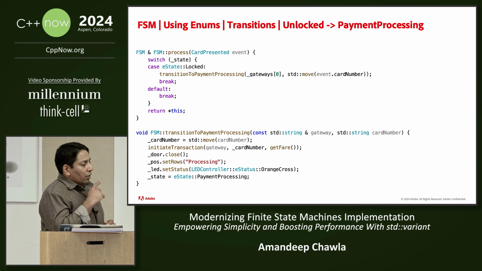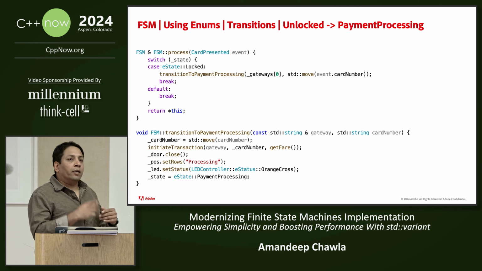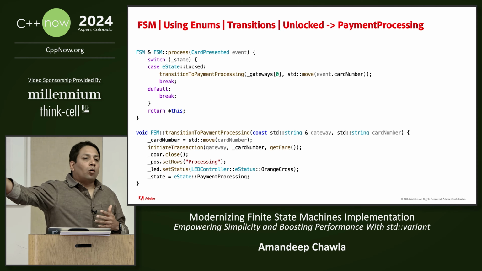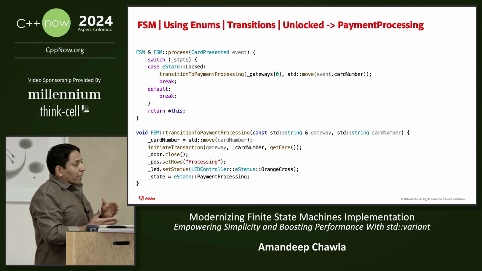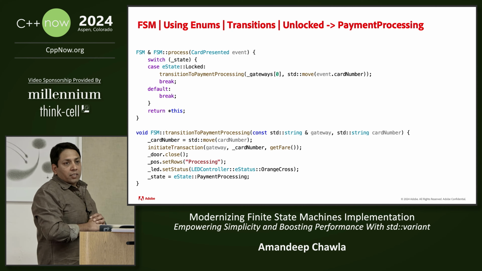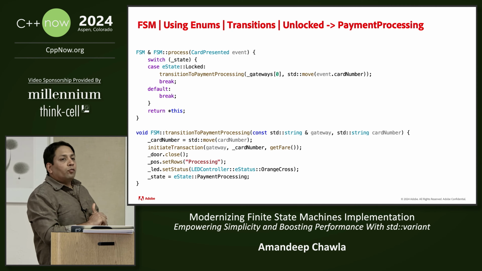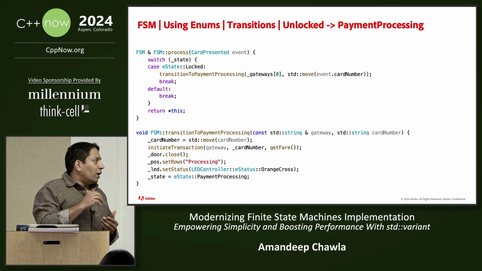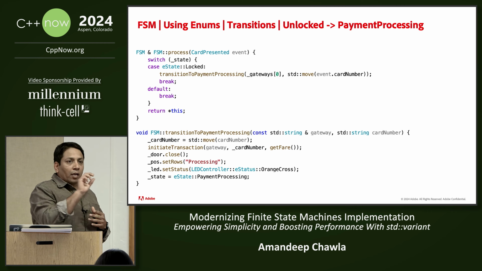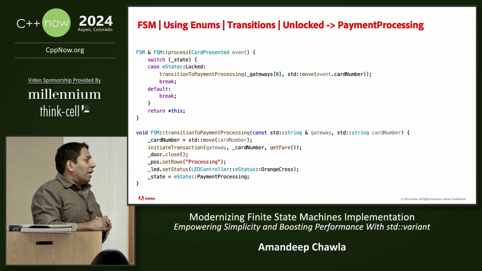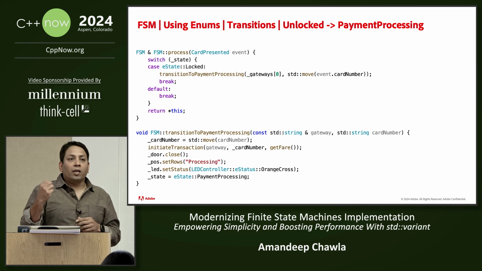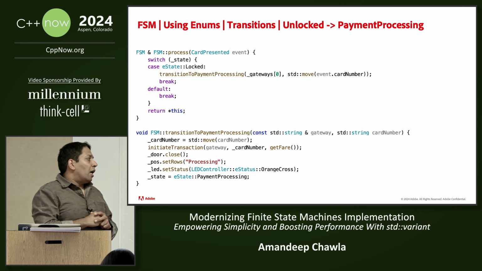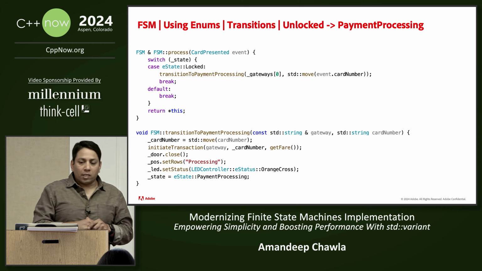And then we will call an external function called initiate transaction, which will actually make a call to the payment gateway. And then it will set up what all needs to be done for the state. So for example, in this state, we have to make sure the door is closed, the POS is set to show that we are processing, and the LED status is orange, showing that we are processing. And the state, we move to payment processing.